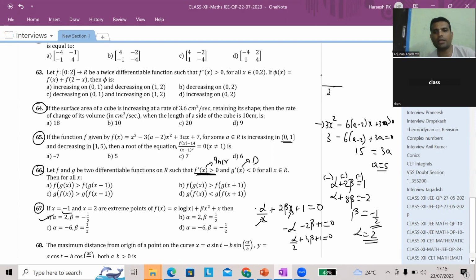When you differentiate second time, you'll get 6x minus 6 times a minus 2. But a value you found out is 5. So when you put 5 here, 6x minus 18, put x as 1, you'll get 6 minus 18 by 2.